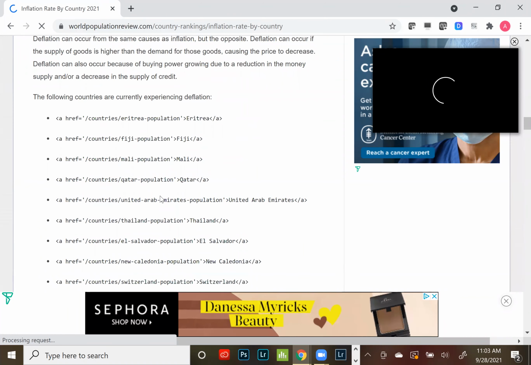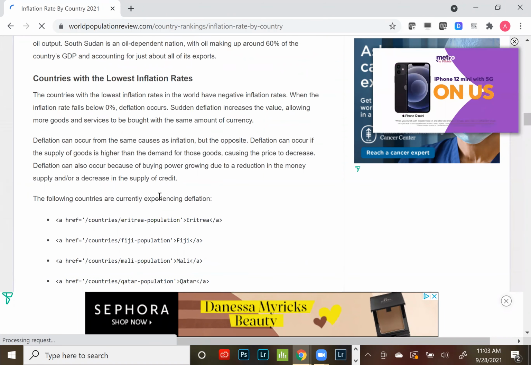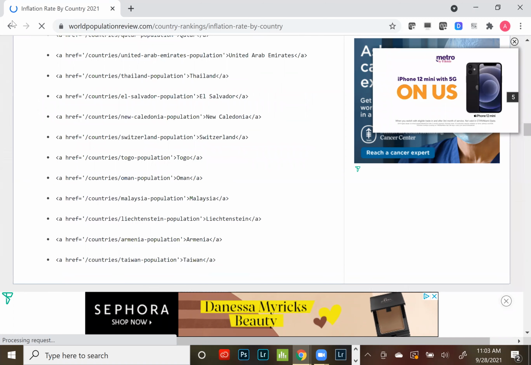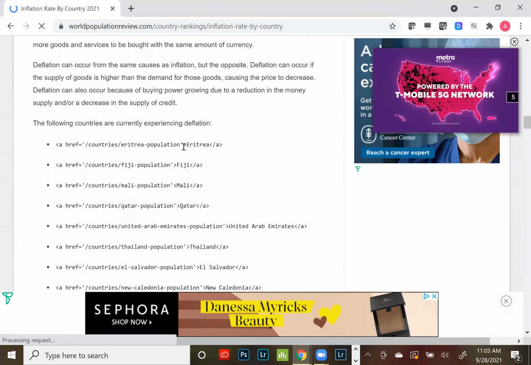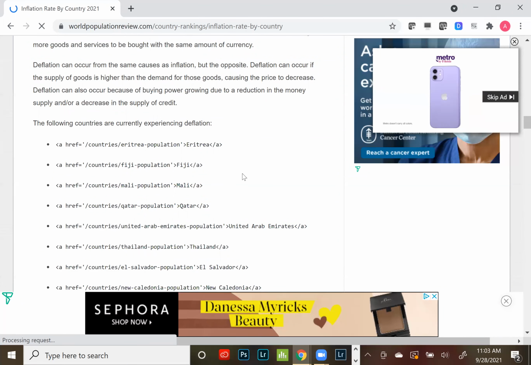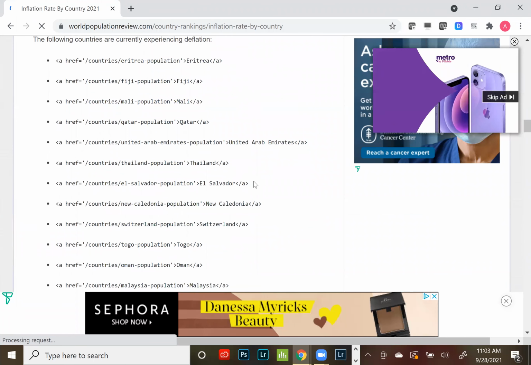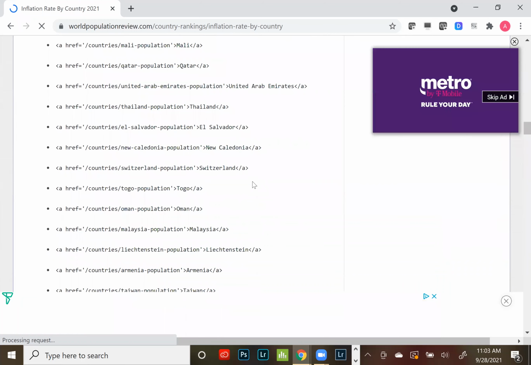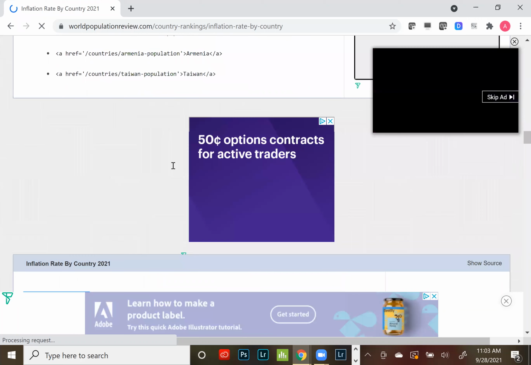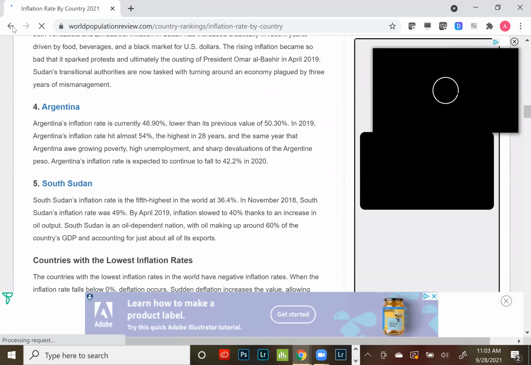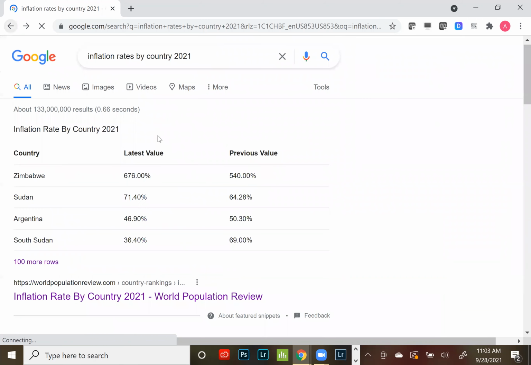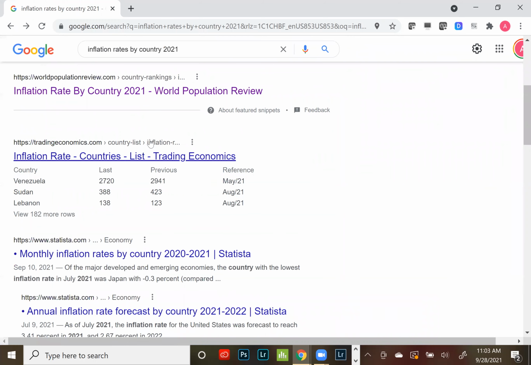Oh no, what happened? Oh, this is terrible. We were supposed to have a chart and it's got all this junk here. Some of these small countries apparently are currently experiencing deflation. Like I see Switzerland on the list because their inflation rate is usually very, all right, we better go somewhere else. Inflation is quite low. All right, maybe we can get it from here.